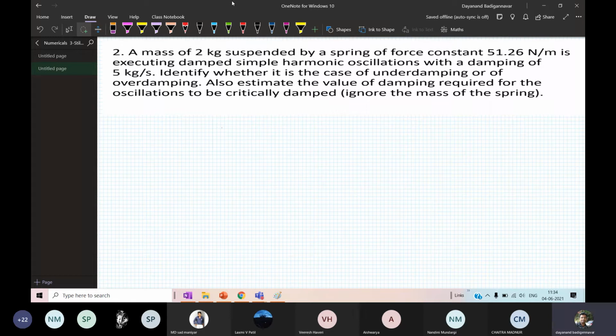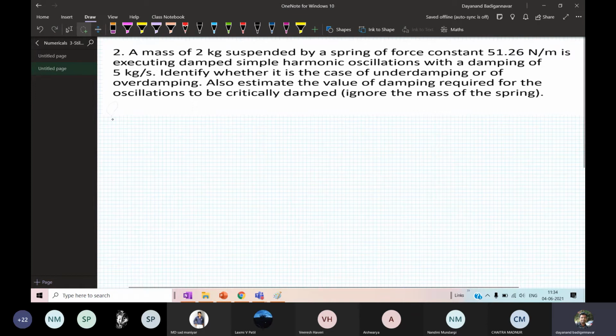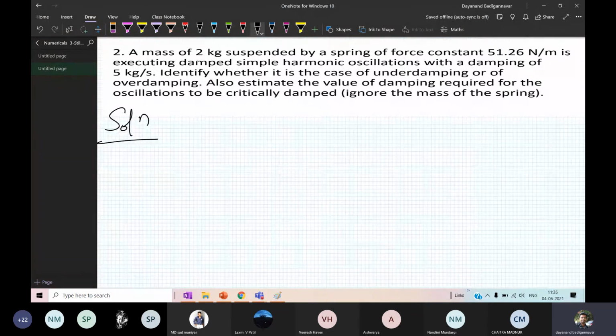Okay, let us go for the solution. Read the problem again. A mass of 2 kg is hanged to a spring of force constant 51.26 Newton per meter, and is executing damped simple harmonic oscillations with a damping of 5 kg per second.